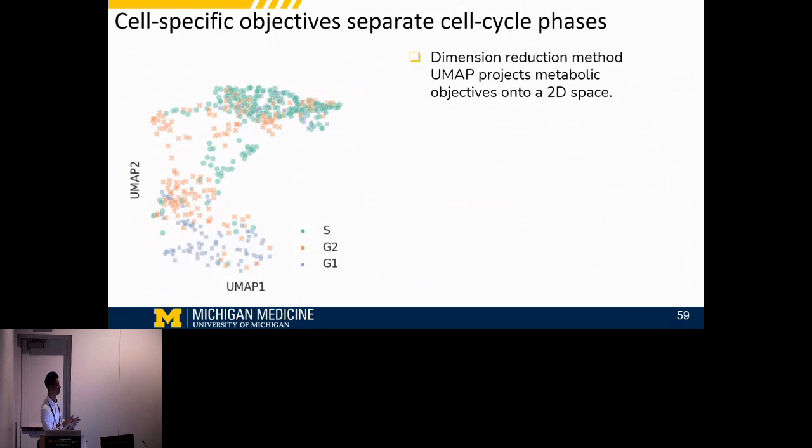Because it's our testing data, we mainly focus on embryogenesis, but for this one we found we can still find the change of the objective or the trade-off step by step during the cell cycle phases. Yeah. Thank you very much.